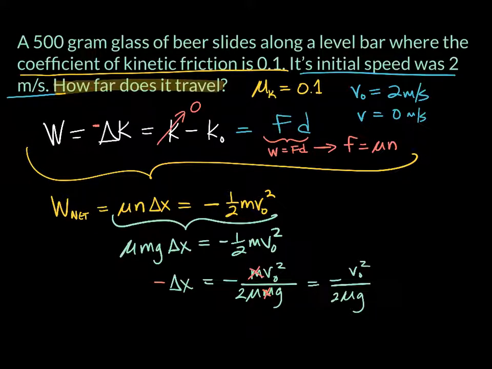In our final analysis, delta x is just going to be that initial speed squared, so 2 meters per second squared, over 2 times 0.1 times, if we just use 10 for g again on the test, I won't care which one you use.